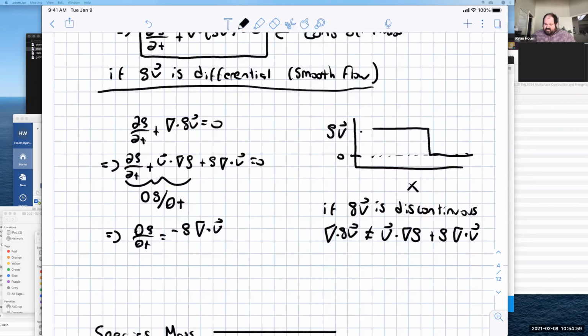Okay, and the reason that you can't do that is because this quantity here is non-differentiable.